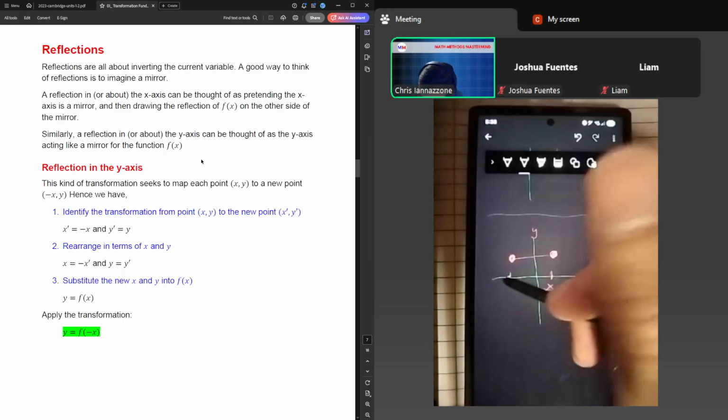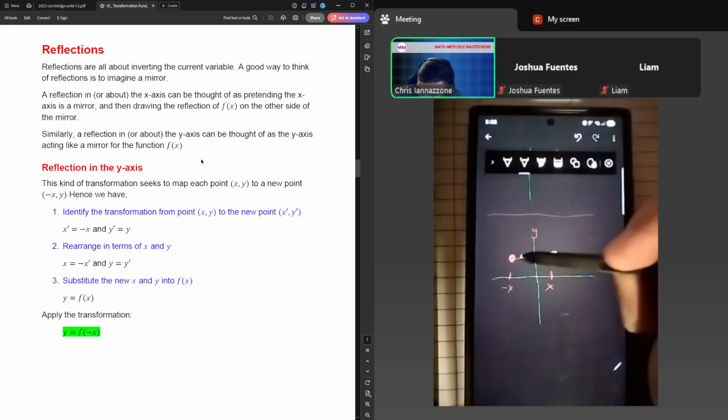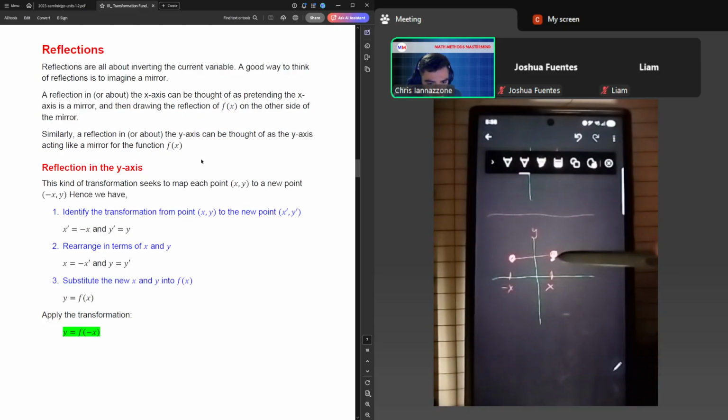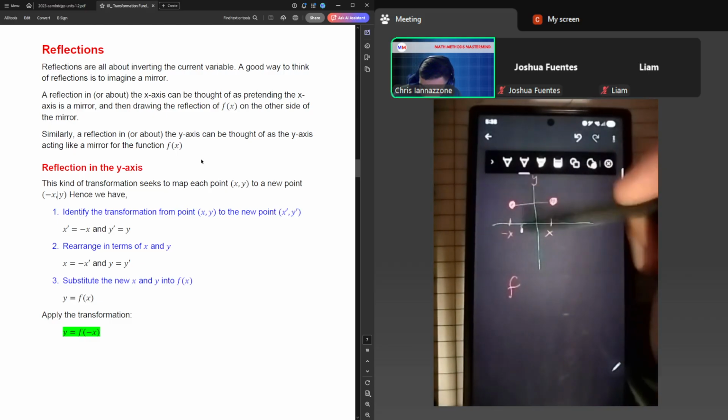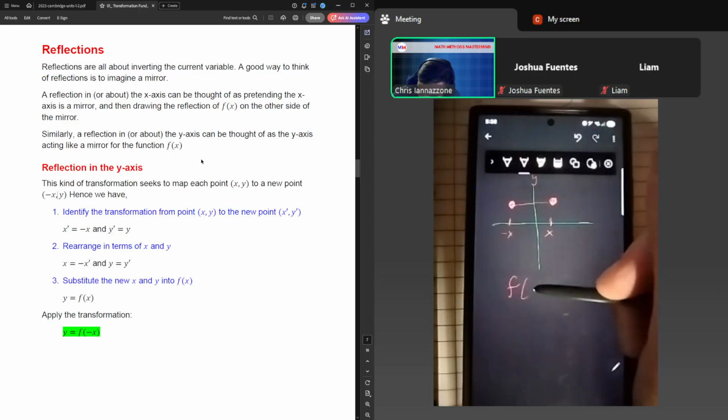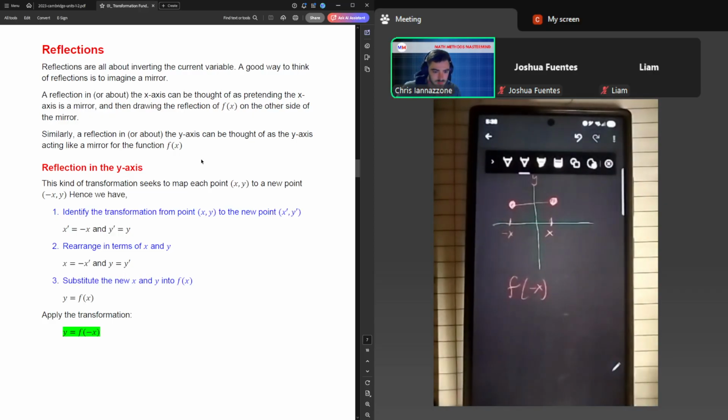This is a positive x, this is a negative x, but the y values have not changed. This is supposed to be horizontal, constant y value. So y value doesn't change, x value gets a negative. For that reason, any reflection in the y, where the y is the mirror, looks like this. You put a negative on the x.